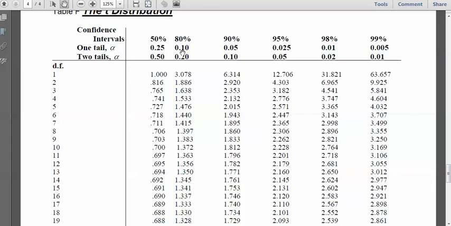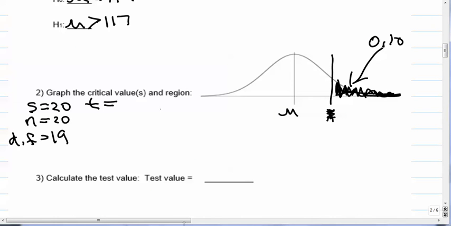0.10 is the level of significance, sorry about that, level of significance. I go down here, 1.328. So therefore, what I know is now that if when I calculate my test value, if it ends up in this region here, I'm going to reject the null hypothesis.